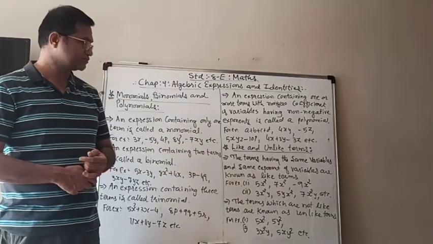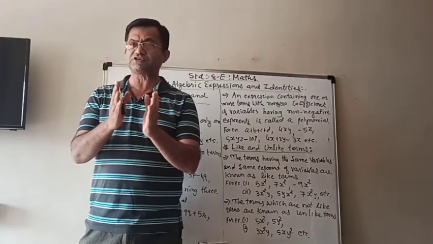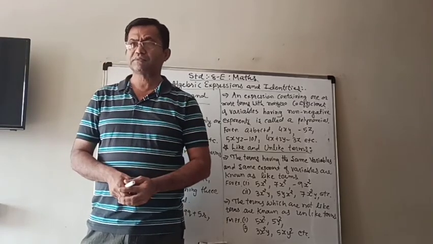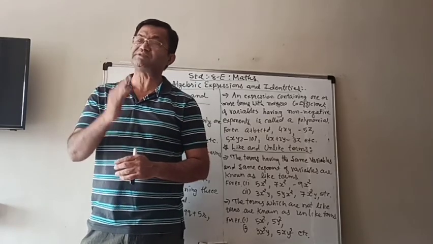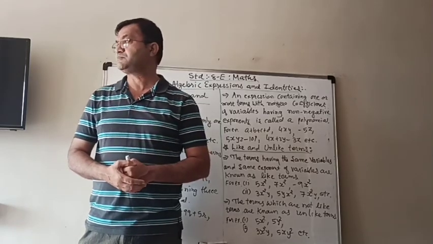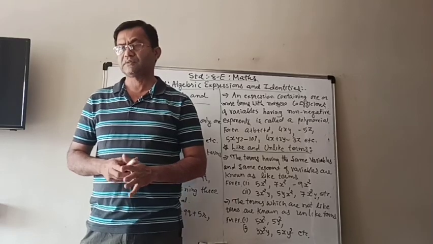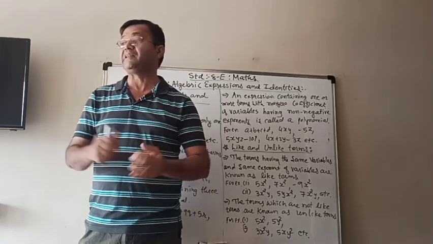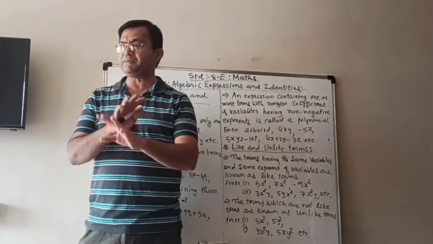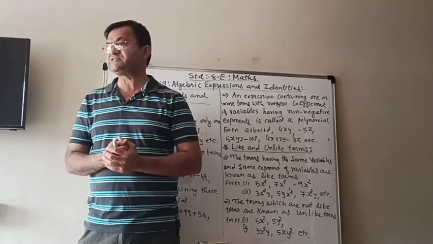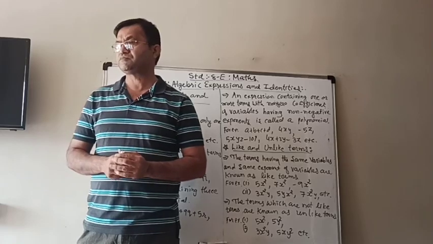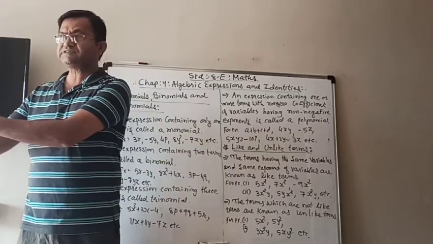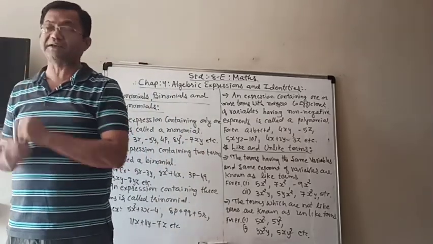It means that the variables should be the same and the power of all those variables must be the same in those terms. Then those terms are said to be like terms. It doesn't matter if different coefficients are there. Coefficient doesn't matter here, only the variables and the power of the variables.